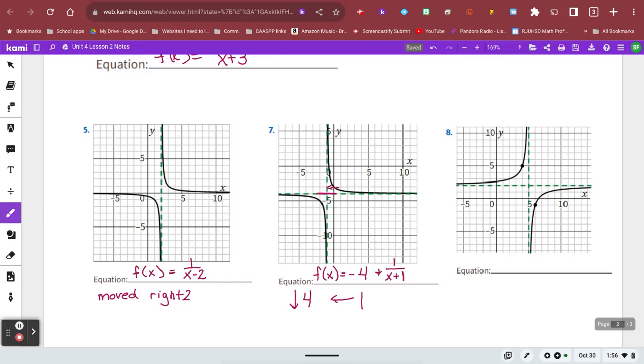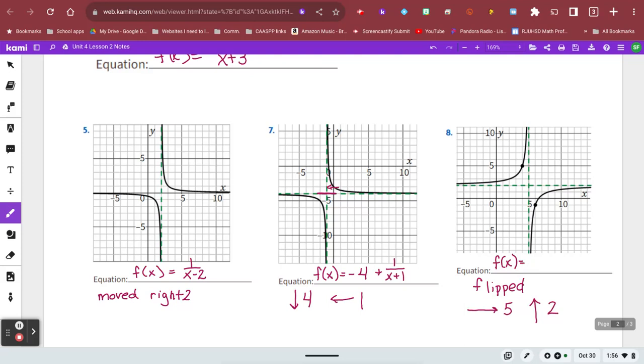Okay, so if we look at this one, we can see first thing, it's flipped. Right side should be going up and over. And then we can look at the asymptotes. We moved to the right 5, and we moved up 2. So we're going to write it as f of x.